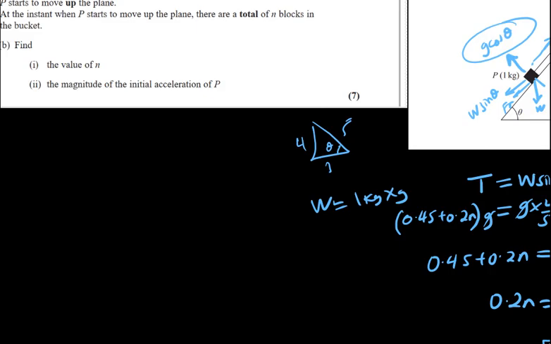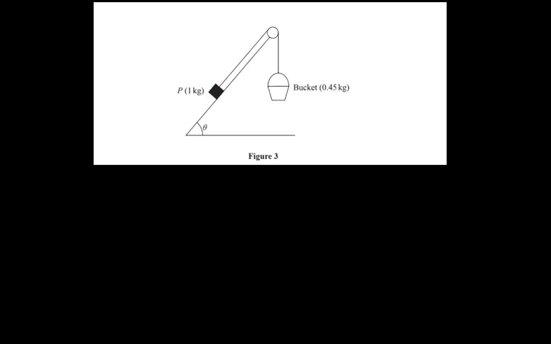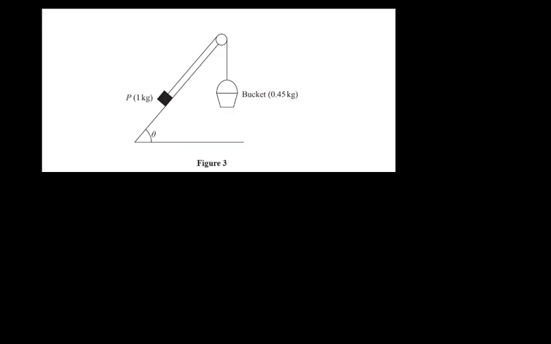we are being told to solve for the magnitude of the initial acceleration. So in this question we are going to apply Newton's second law of motion, which gives us the formula F equals ma. Remember there is friction acting in the opposite direction of motion.